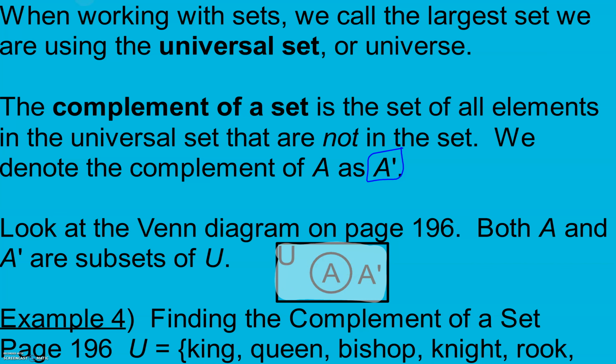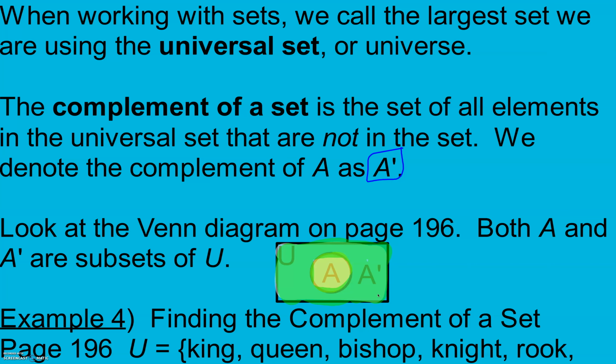A is one of my sets, and A prime, or its complement, is everything else in the universe that's not in A. I didn't color that in great because my highlighter's big. But both A and A prime are subsets of U, and together they make the entire universal set.